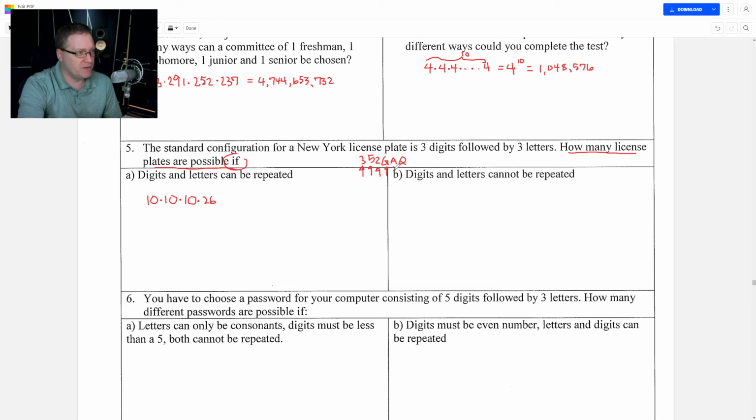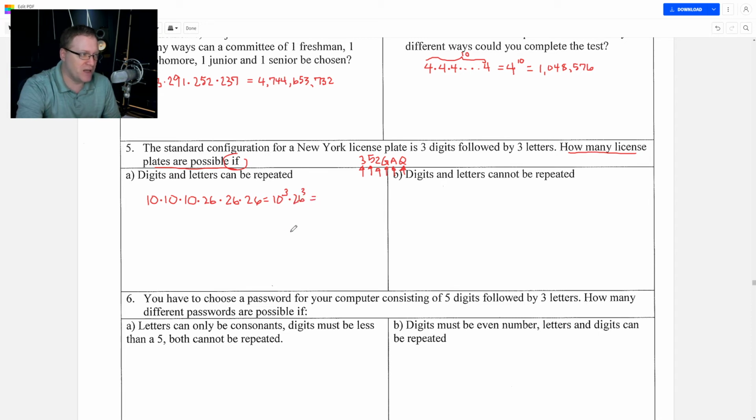All right, then this one also needs to be a letter. So there are 26 different possibilities. And then this one also has to be a letter. So there are 26 possibilities. So this is going to be our answer. And that's going to be equal to, well, that's 10 to the 3rd power times 26 to the 3rd power.